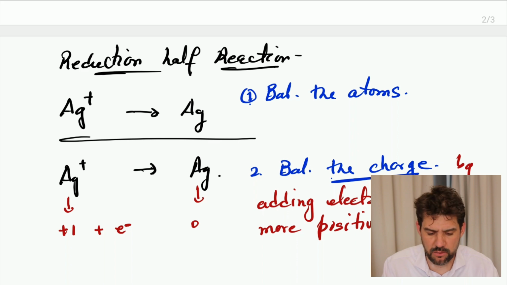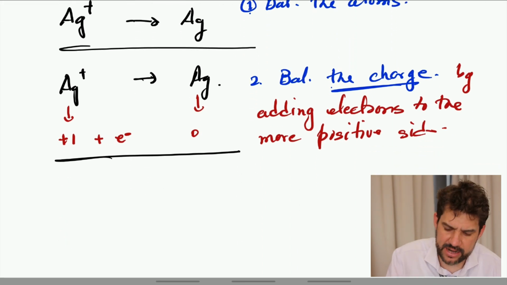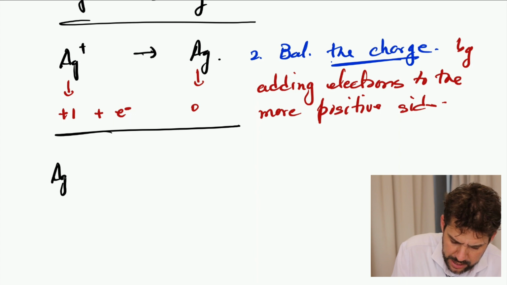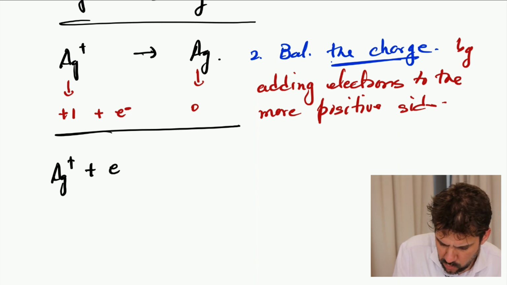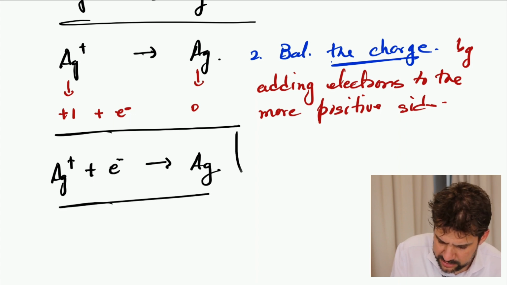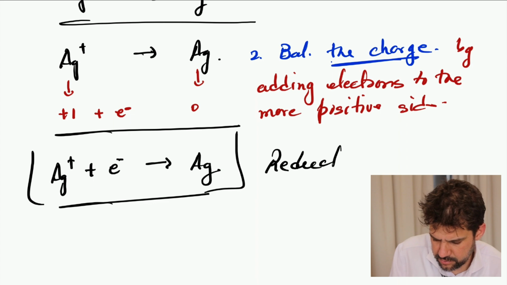That will give me 0 because it will be 1 minus 1. So after you add the electron, the final half reaction for reduction is Ag+ plus 1 electron gives me Ag. This one is the reduction half reaction.